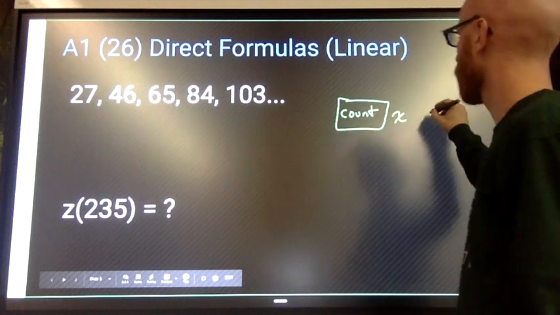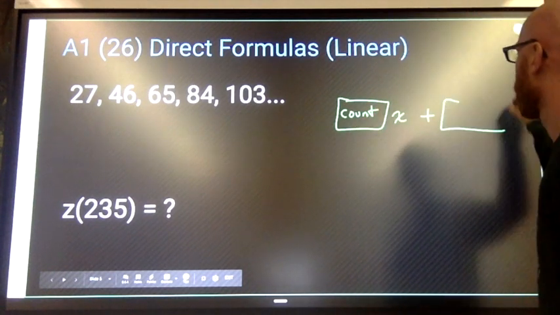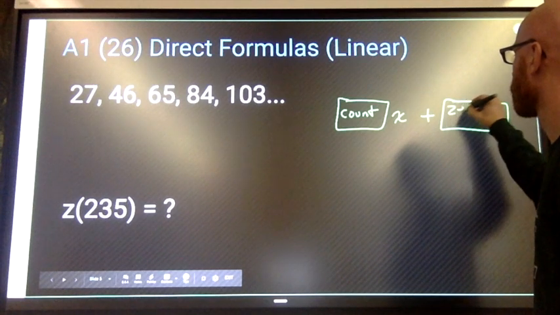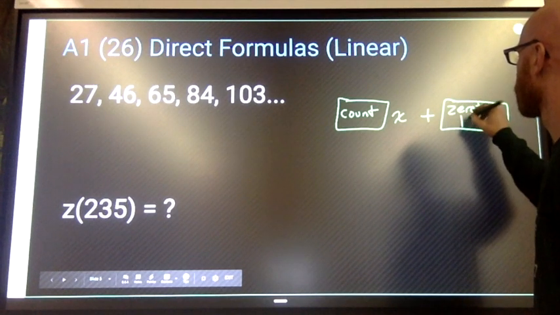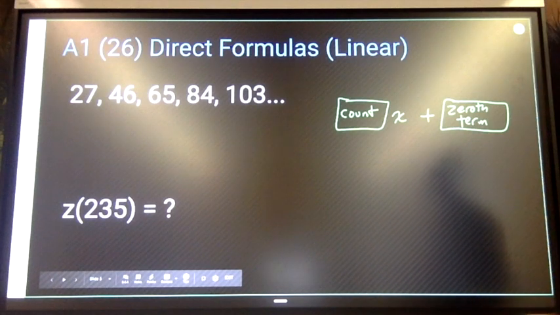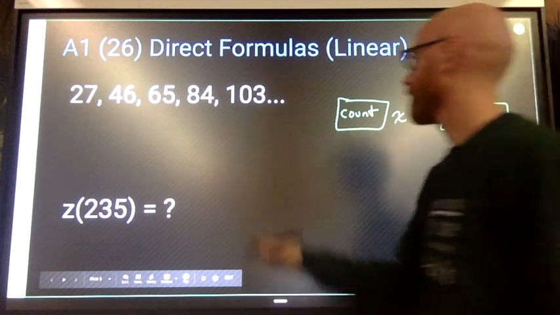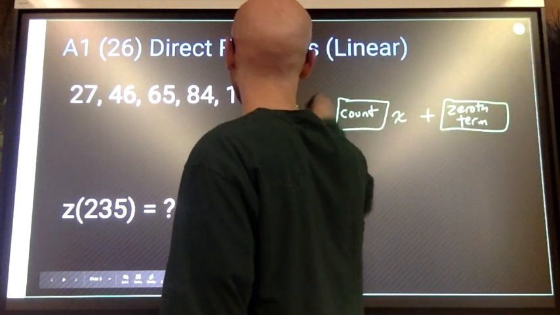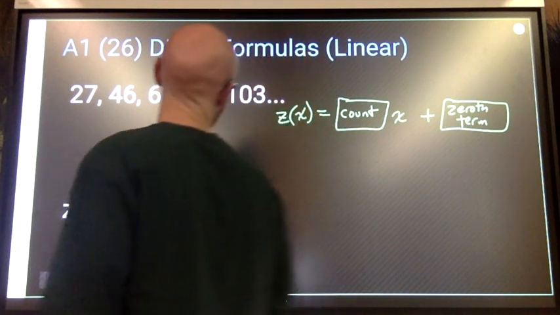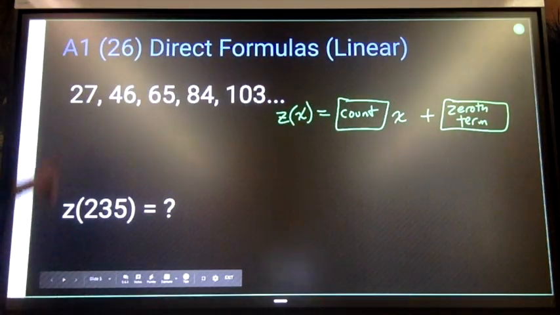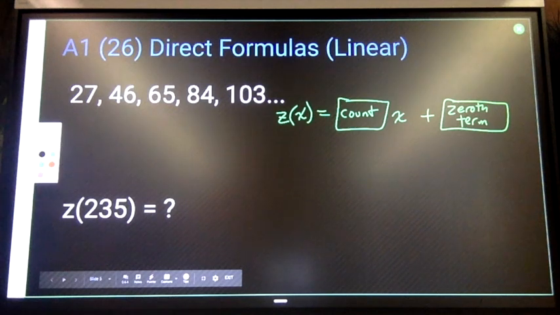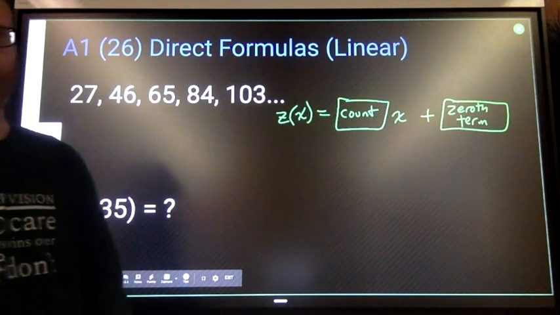Count times variable plus zeroth term. All right, z of x equals. What are we counting by? If you're not sure, grab a calculator.